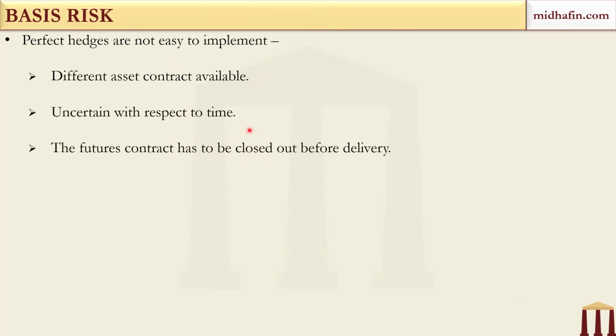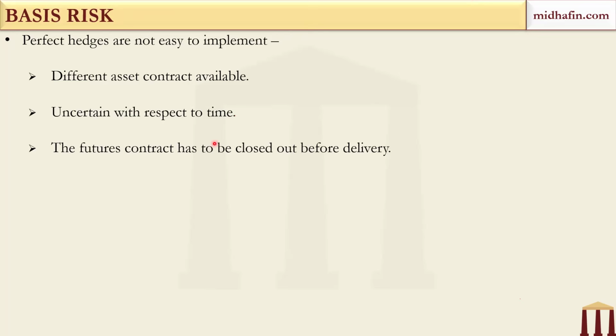So it's possible that an airline company which wants to hedge jet oil prices goes to the futures markets, but finds that there is no contract where the underlying is jet oil. So they try to find the closest one. There are some rules which we'll discuss later. Based on those rules, they try to find another contract.